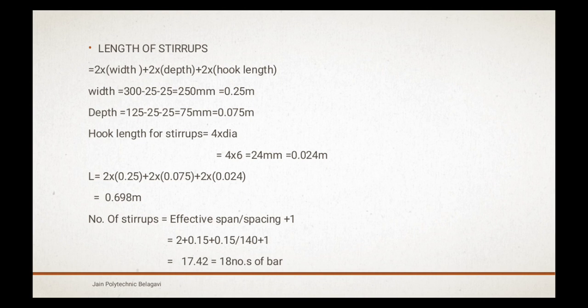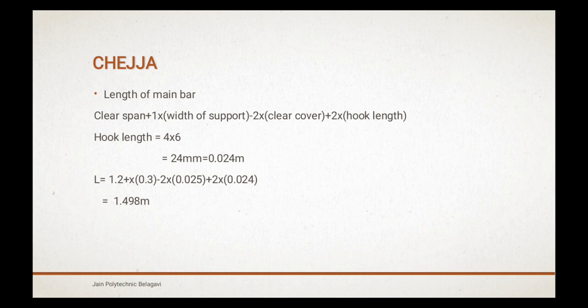Number of stirrups is effective span divided by spacing plus 1, so our number of stirrups is 18. Now the chajja. Length of main bar formula is clear span plus 1 into width of support minus 2 into clear cover plus 2 into hook length.